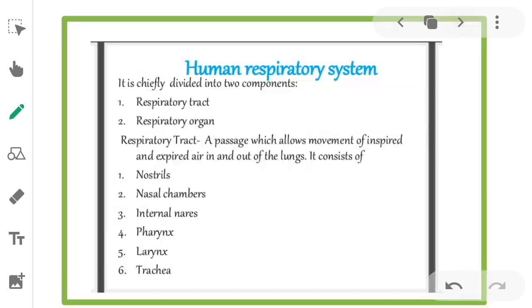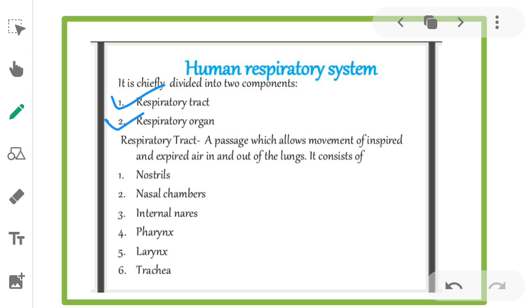Here, the human respiratory system is chiefly divided into two components. One, the respiratory tract, second, the respiratory organ. First we'll study the respiratory tract. The respiratory tract is a passage which allows movement of inspired and expired air in and out of the lungs, that is, inhalation of air and exhalation of air, that is, taking in of oxygen and giving out carbon dioxide.